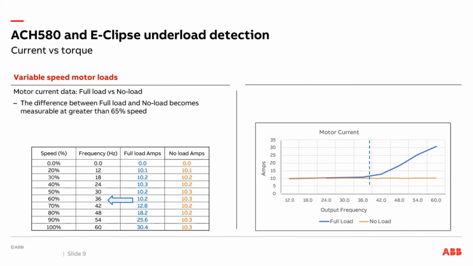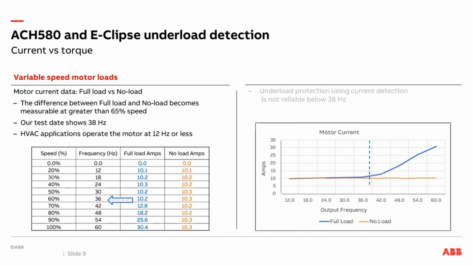Our test has that separation starting at 38 Hertz. And we know that a motor speed in HVAC can be at 12 Hertz on a regular basis. So for this example, underload detection below 38 Hertz using current is not reliable.